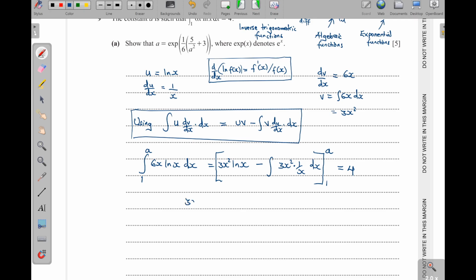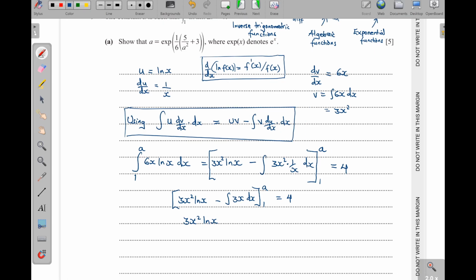So we have 3x squared natural log of x, then minus the integral. This one is going to be reduced to 3x with respect to x. Then, increase the power by 1, divide by the new power, so that will be 3x squared over 2. Then we can put the limits.